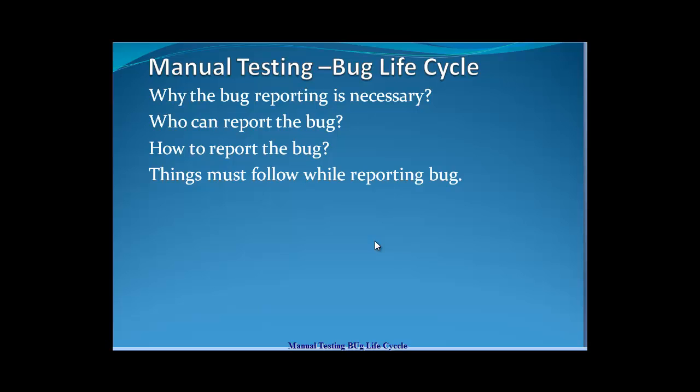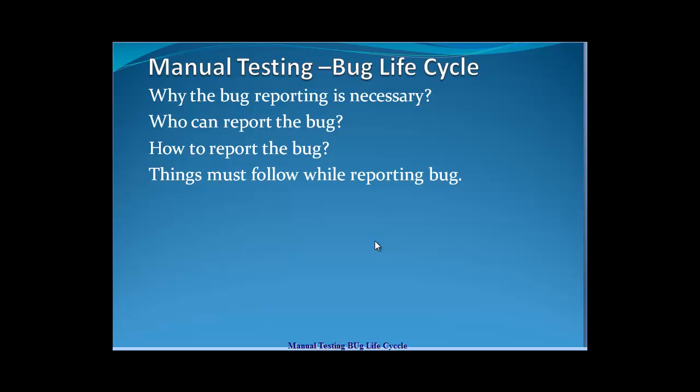Once the software test engineer tests and verifies that application and finds a mismatch between actual and expected, only then he reports that defect through a defect tracking tool provided by the organization. It may be a defect tracking tool, or it may be a spreadsheet, an MS Excel sheet, in which the test engineer reports the defect.